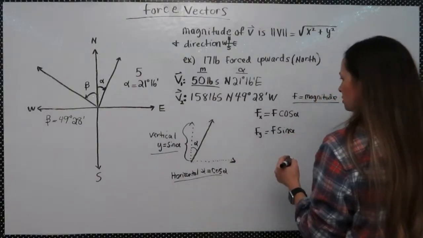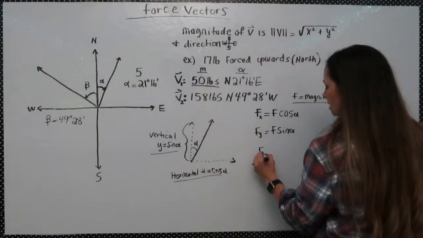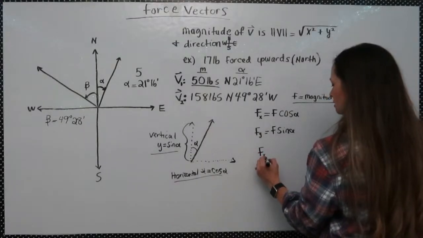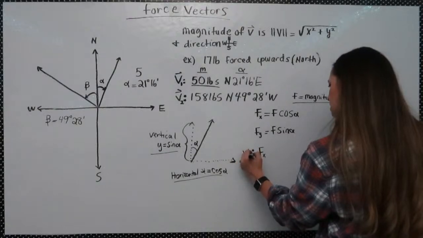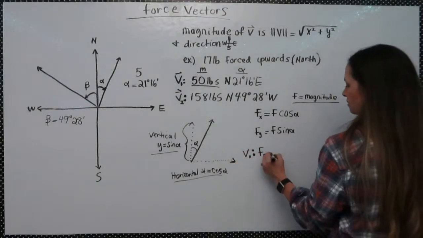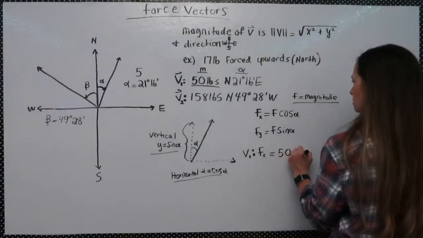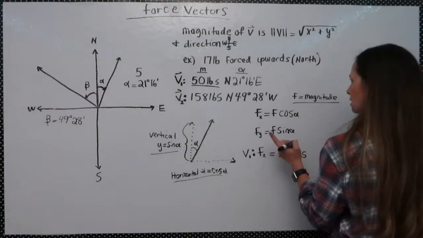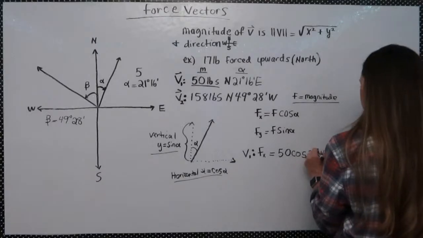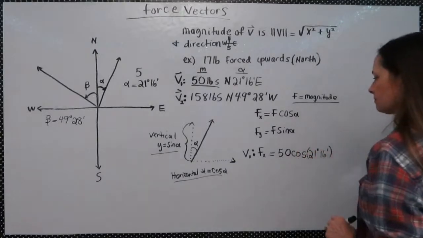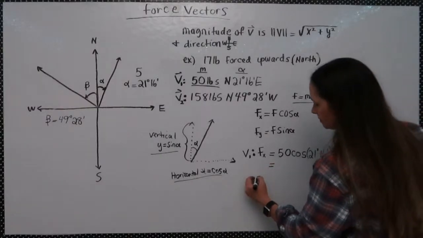By these definitions, the F components of that first vector, trying to stay organized: the F x component is going to be 50 cosine of 21 degrees and 16 minutes, and we'll plug that in the calculator in just a minute.